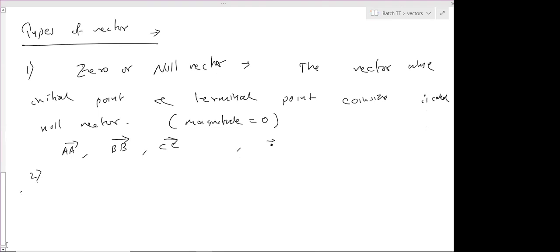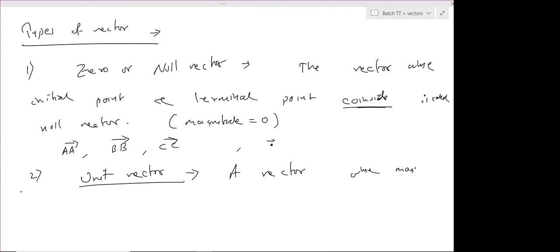Second one is unit vector. Initial point and terminal point coincide. All right, Ahmed. What is a unit vector? A vector whose magnitude is unity is called a unit vector. And please understand this vector very clearly.